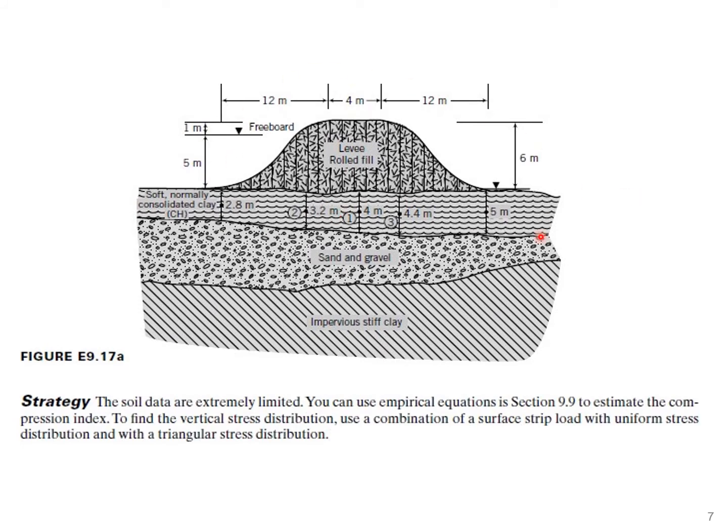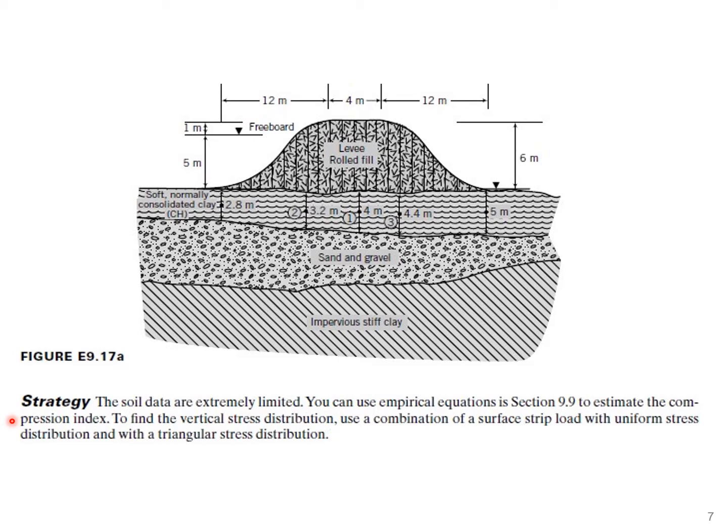Now look at the figure again, and look at the strategy that we are going to adopt over here. The soil data are extremely limited. You can use empirical equations to estimate the compression index. To find the vertical stress distribution, use a combination of surface strip load with uniform stress distribution and with triangular stress distribution.